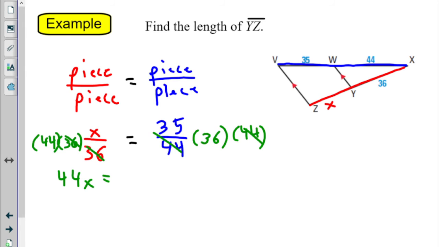And we have 35 times 36, which is going to be, I believe, 1,260. So again, pretty straightforward to solve from here because we're just going to divide to get rid of the multiplying. So dividing by 44 on both sides.